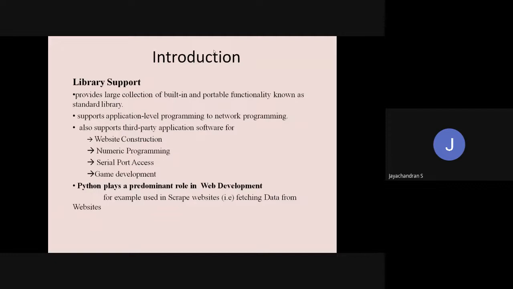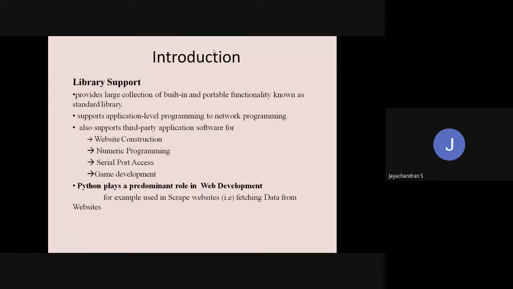Third-party application, in the sense that the application should support basic criteria, and then we can proceed with the advanced. So it supports third-party applications for website construction and numeric programming, like mathematics, graphs, Excel, and accounting. Whatever numeric purpose we are using, Python supports it.